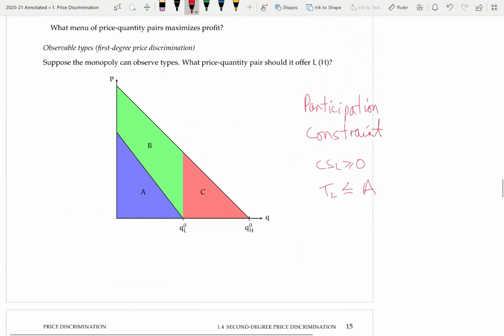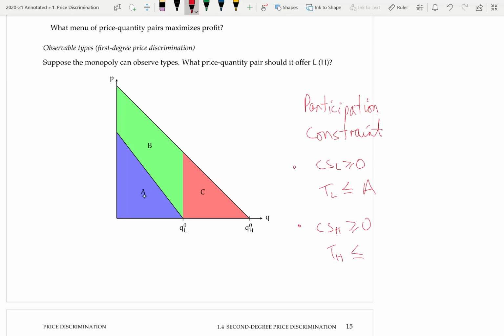Now we need to do a similar thing for buyer H. The optimal amount to sell to buyer H is Q0H, and again we need to satisfy a participation constraint. The consumer surplus of consumer H has to be non-negative, so we need the price for consumer H to be less than or equal to what they're willing to pay. And what are they willing to pay?